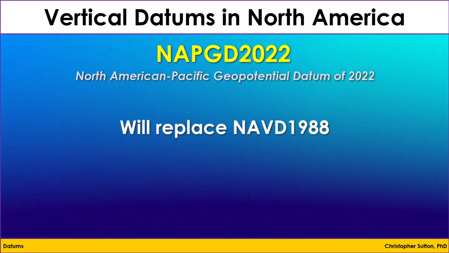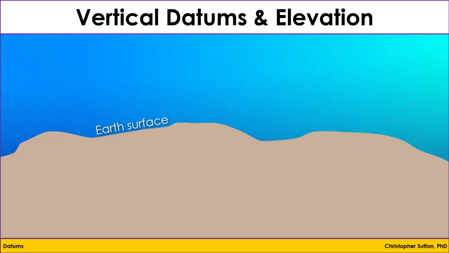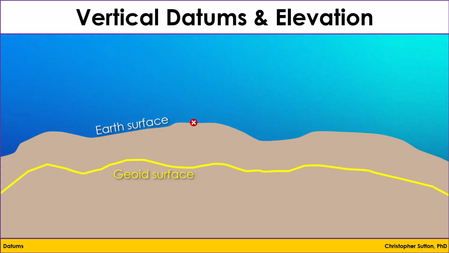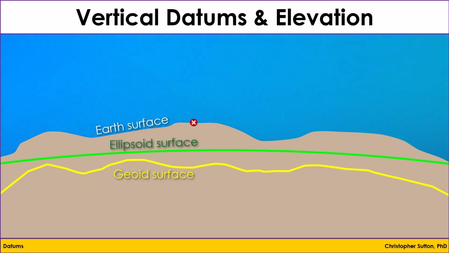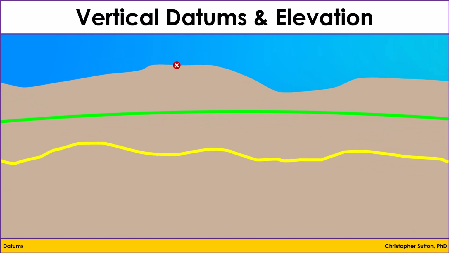I mentioned that vertical datums are used to calculate elevation. Let's quickly look at how this works. The geoid is used to define mean sea level. GPS measures heights relative to a reference ellipsoid, not the geoid. These elevations are called ellipsoid heights. The difference between an ellipsoidal height and the geoid is called geoid undulation.